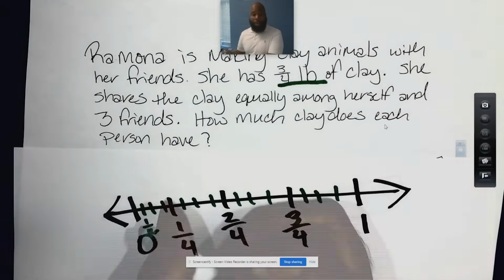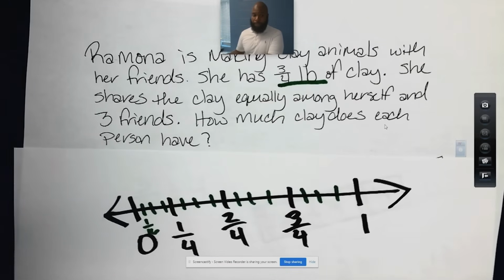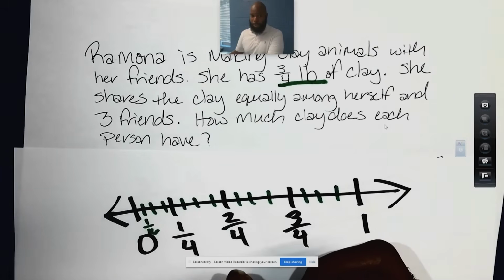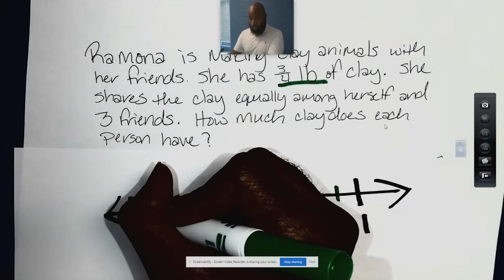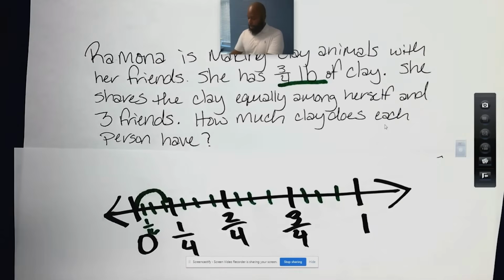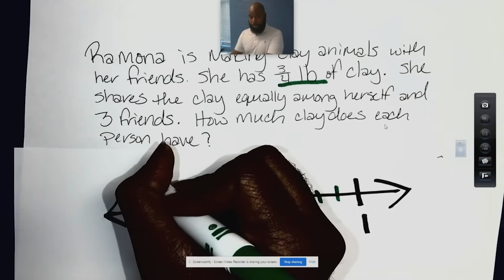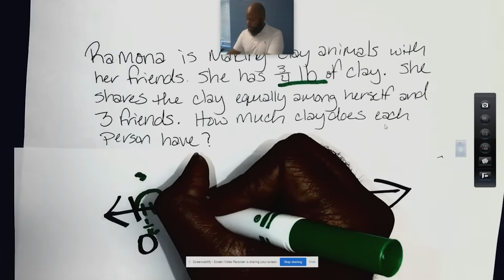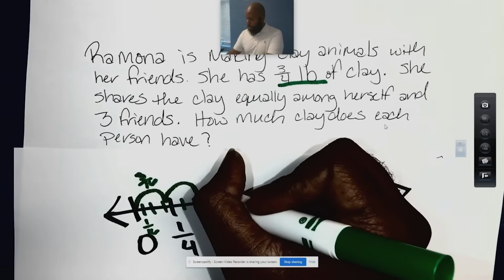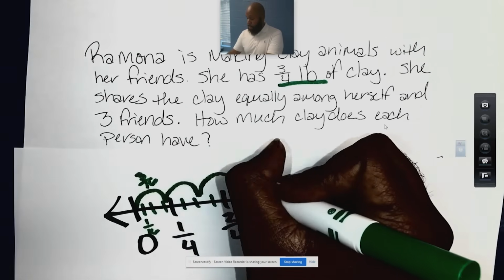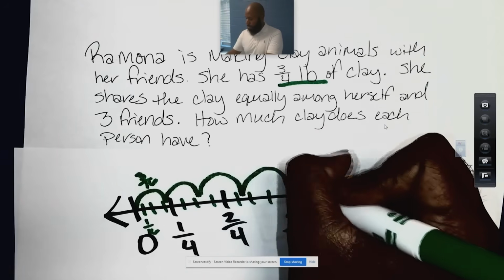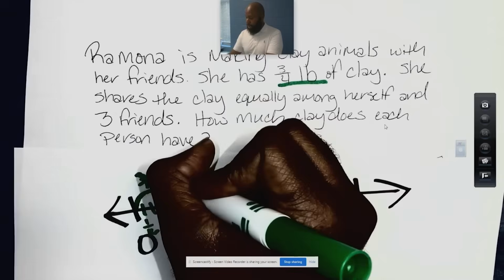Now I'm going to start grouping them together to figure out what I have. I'm going to go here, starting at 1. This represents 3/16. So each of these represents 3/16.